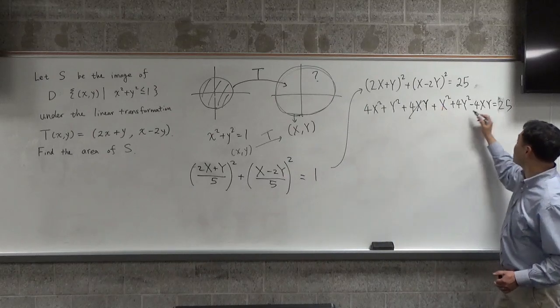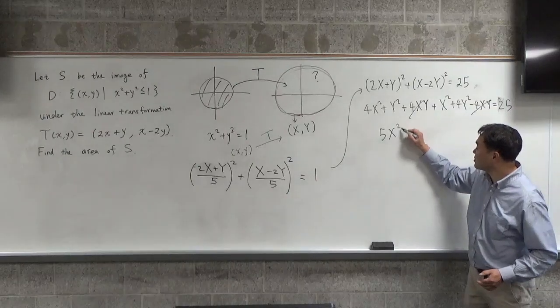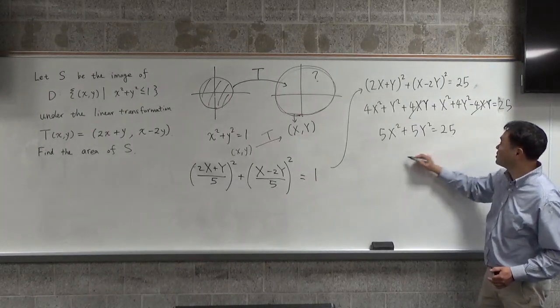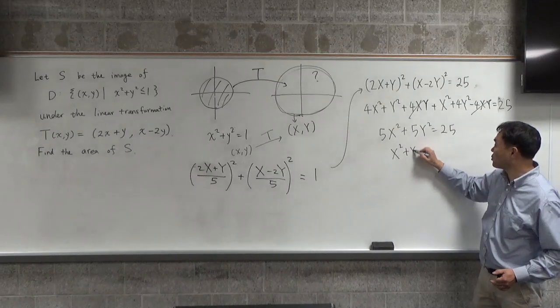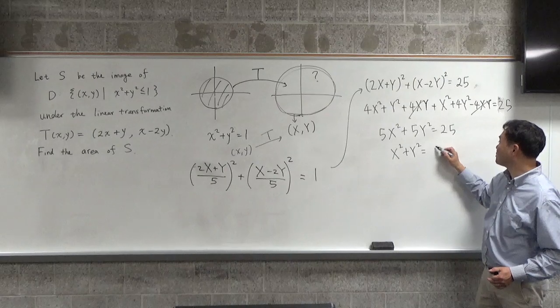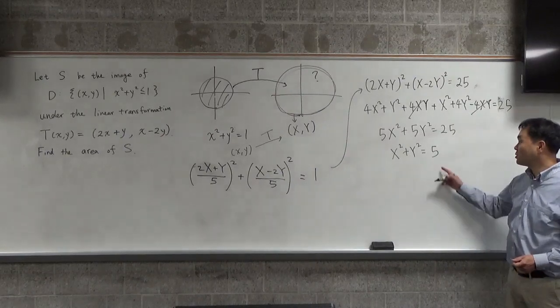And then these two cancel. You have 5X squared plus 5Y squared equals 25. So X squared plus Y squared would be 5, right? Is that okay? Now, a question.